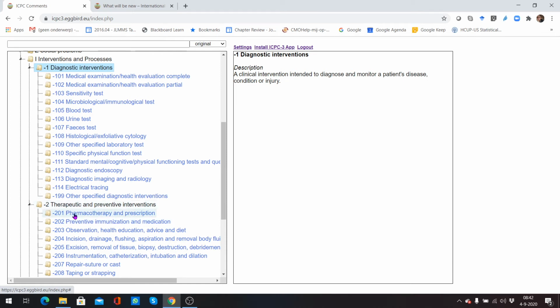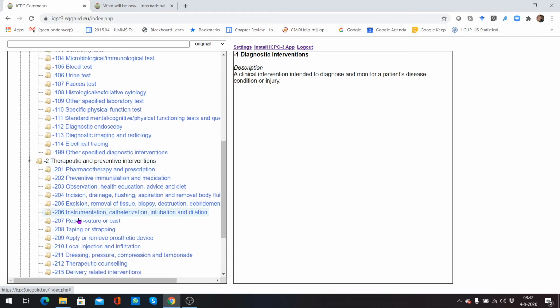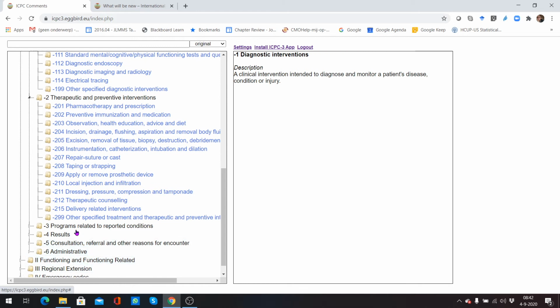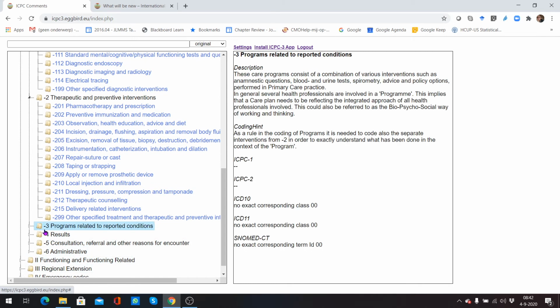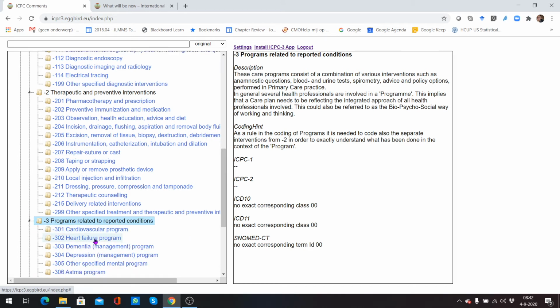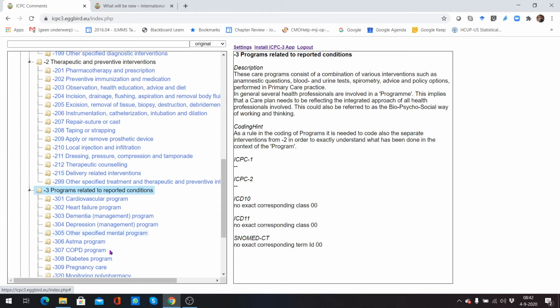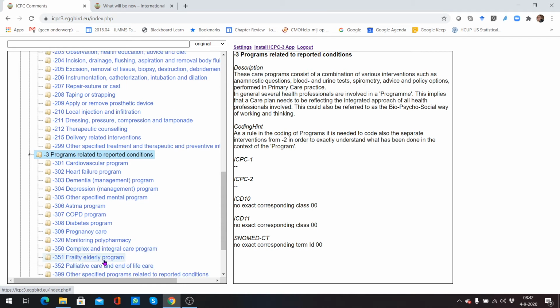And in addition, it's now possible to record also programmatic care, such as, I will open it, cardiovascular risk management, and also programmatic care for frail elderly. I will close this one again.